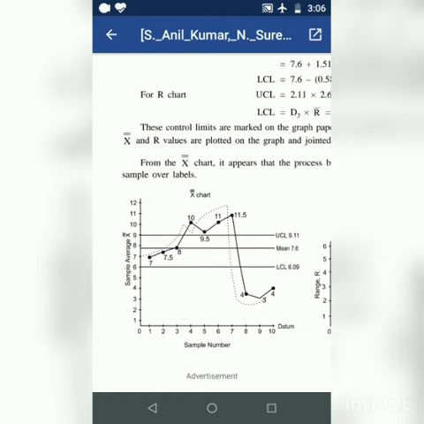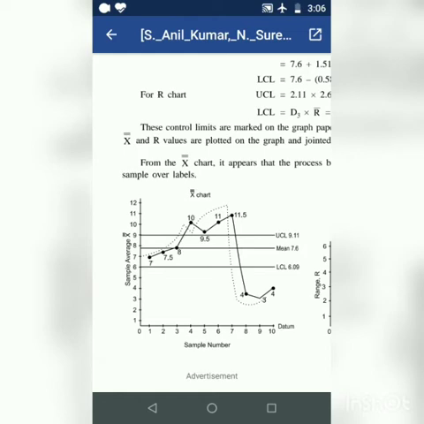Now we can see from this chart that up to the third sample, when the quality control manager took the third sample, the process was within control, or within the UCL and LCL lines, between these two lines.